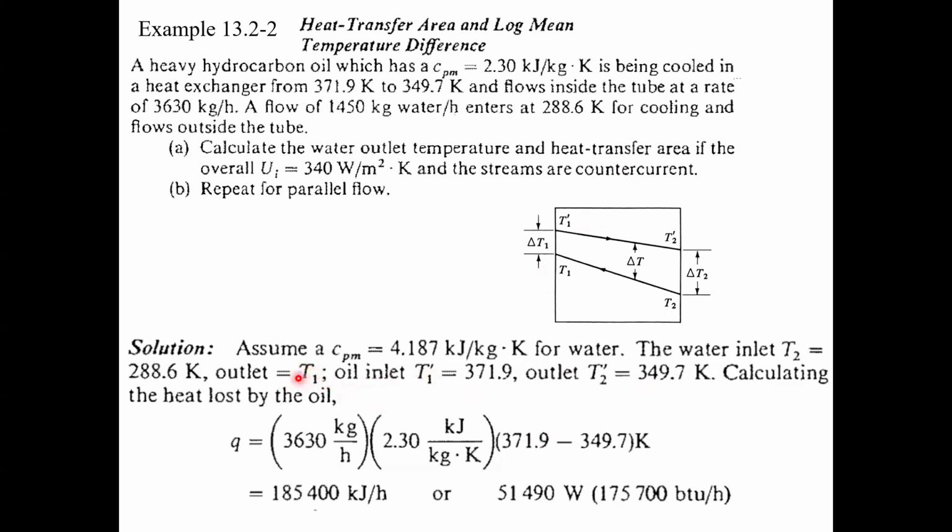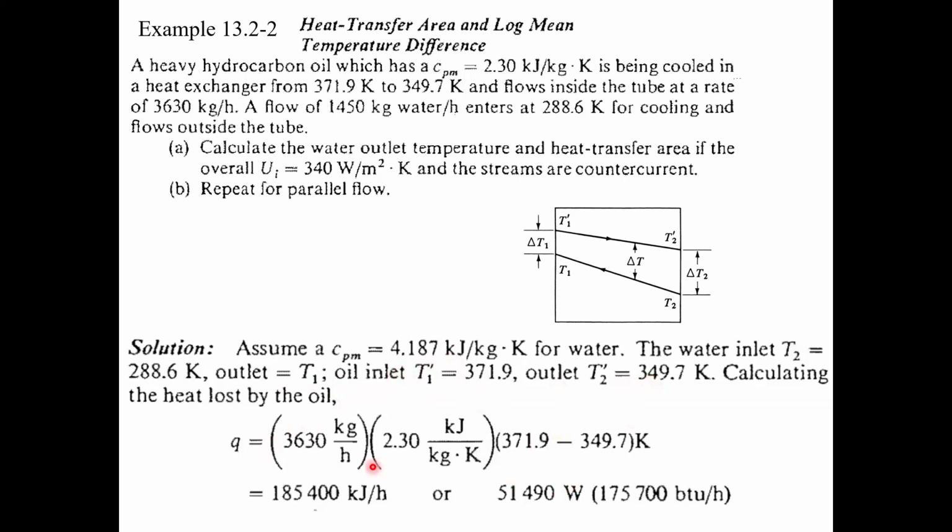Okay, so outlet T1 is missing. Okay, so the other T2 and T2 dash are provided, T1 dash is provided, T1 is missing. Okay, so you can do a heat balance for one of the fluids, the one which has T1 dash and T2 dash, right?